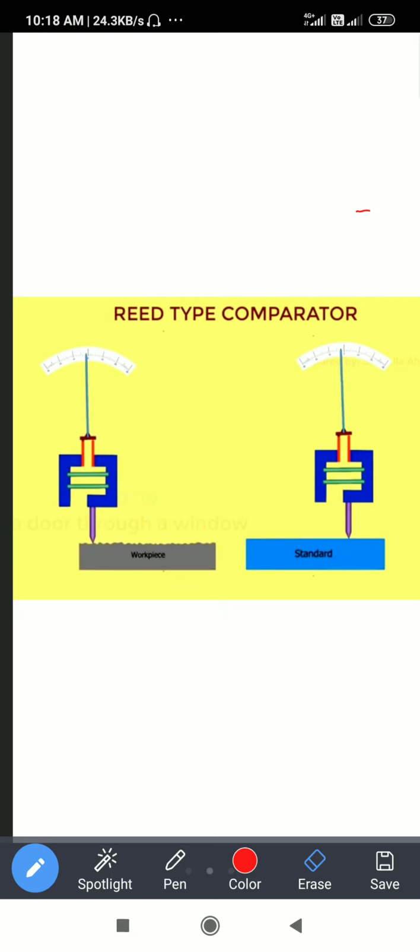So in this situation the plunger moves in an upward and downward direction.